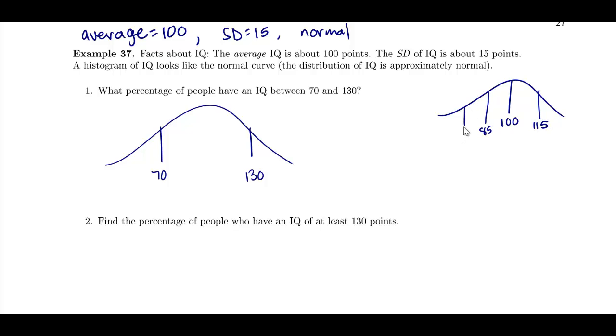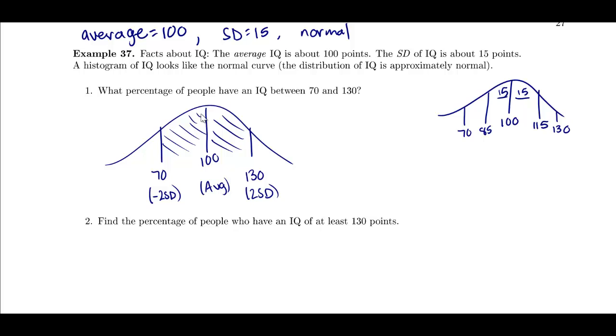And if I go out 2 standard deviations, that would be 70 to 130, because the average is 100 and the standard deviation, the width here, is 15. So for 70 to 130, that's going out minus 2 standard deviations. 100 is the average, and 130 is 2 standard deviations above the mean. So we're looking for the area between -2 and +2 standard deviations.